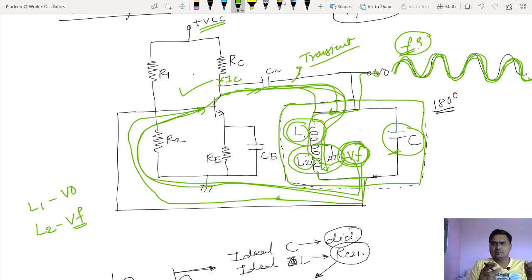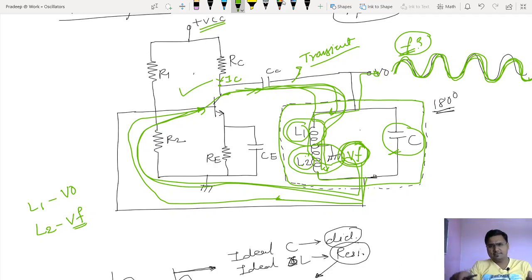You turn on VCC, transient current flows through L2, VF is developed across L2 and applied to the input, the output current increases again, VF increases again, the input voltage increases, the cycle repeats, and after some time at the output you will get sustained oscillations. That is the operation of this Hartley oscillator.